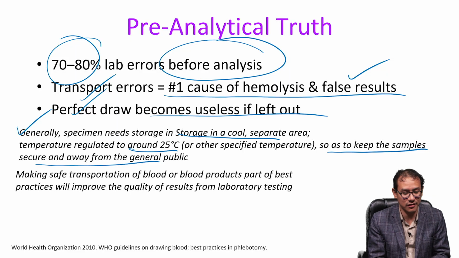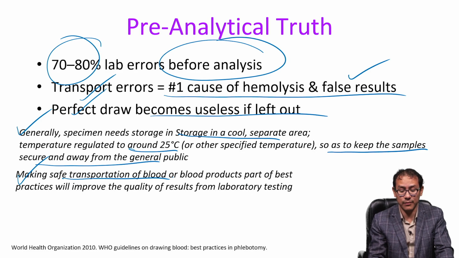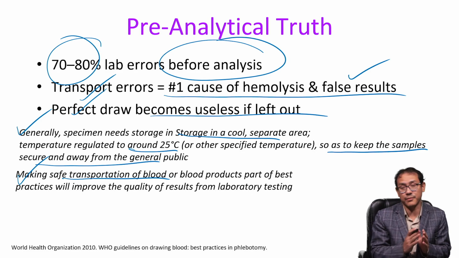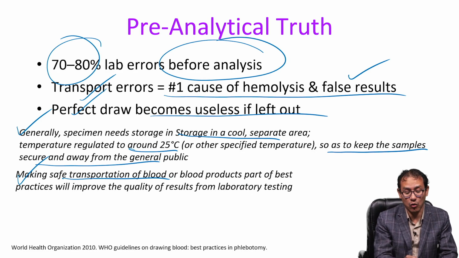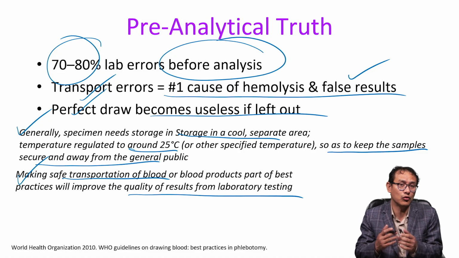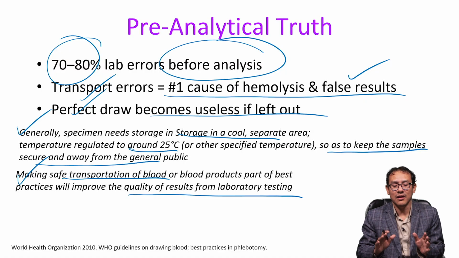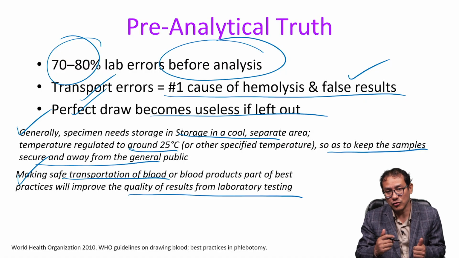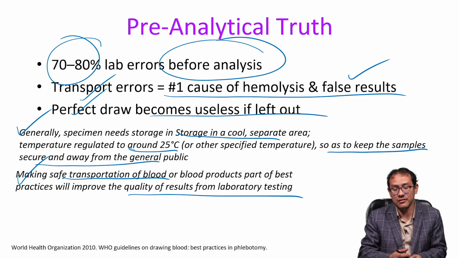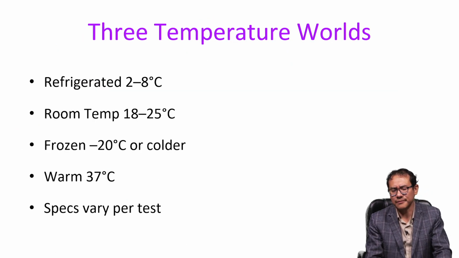Making safe transportation of blood and blood products is part of best practice and will improve the quality of the result from laboratory testing, because even if you do a perfect draw of the blood sample, if you don't follow this, the result will be useless, and 70 to 80% error can happen. So you have to understand this.